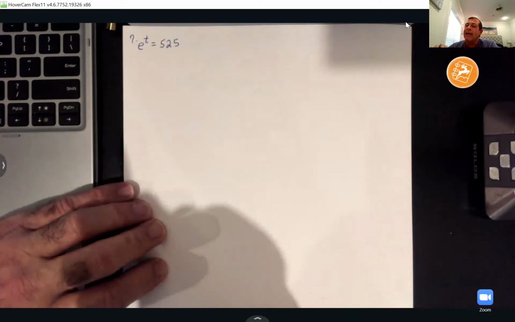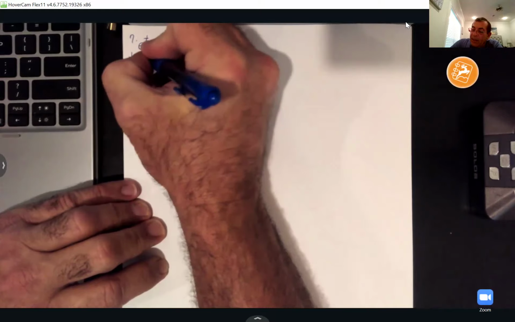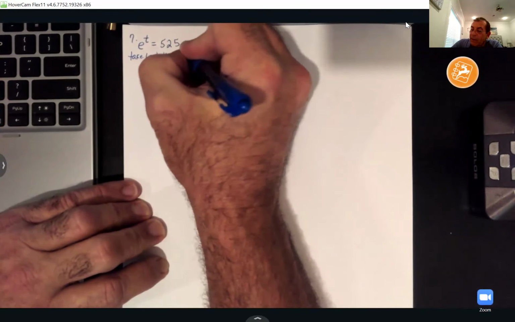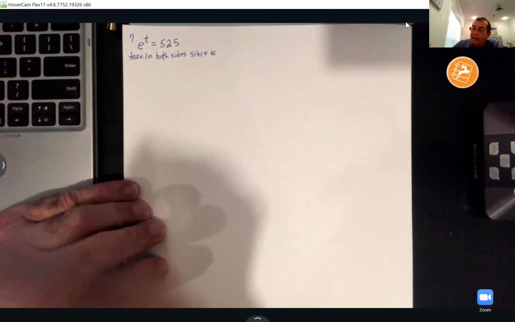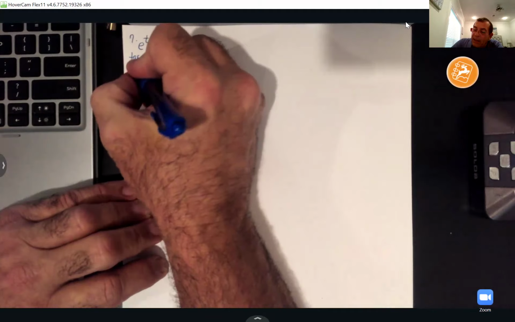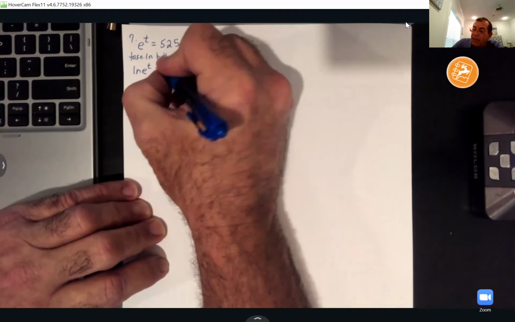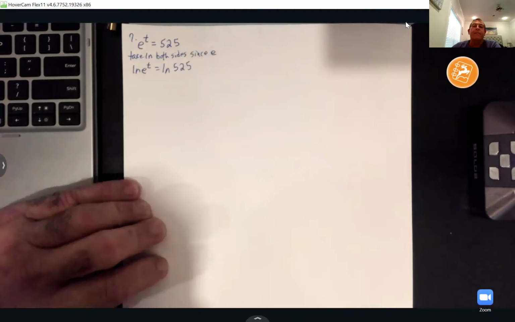I'm going to take the ln of both sides. So take ln both sides, since we have that little e, okay? Because watch this. ln of e to the t equals the ln of 525.